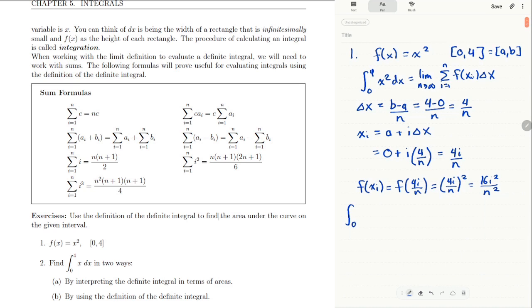And so now the integral from 0 to 4 of x squared dx is the limit as n goes to infinity of the sum from i equals 1 to n of 16i squared divided by n squared times 4 divided by n.